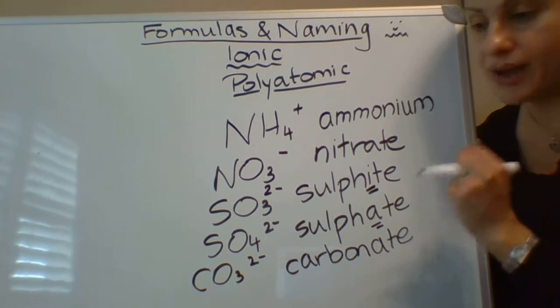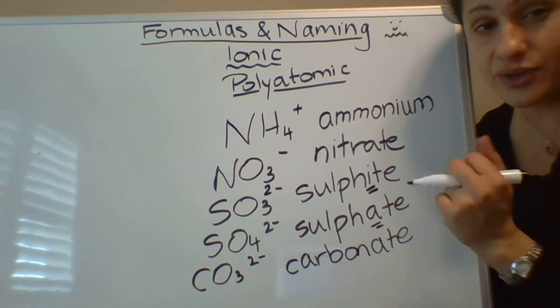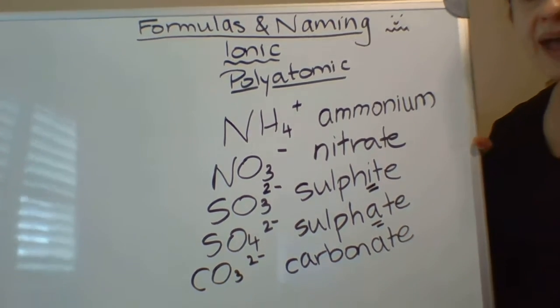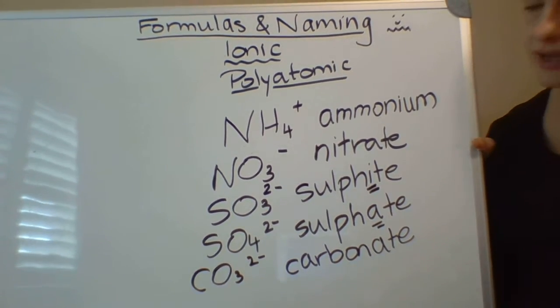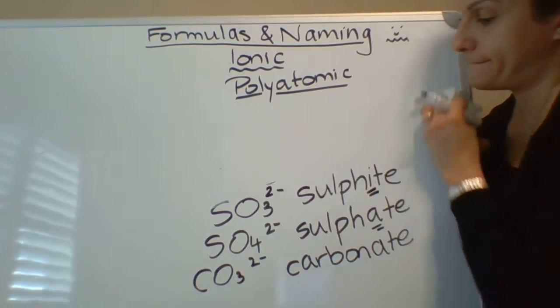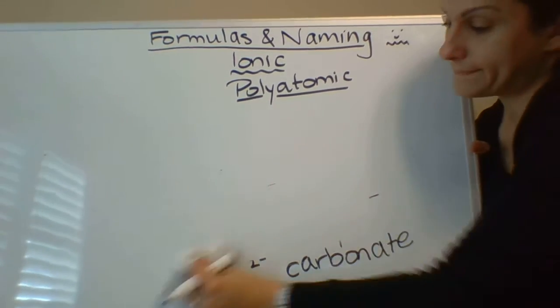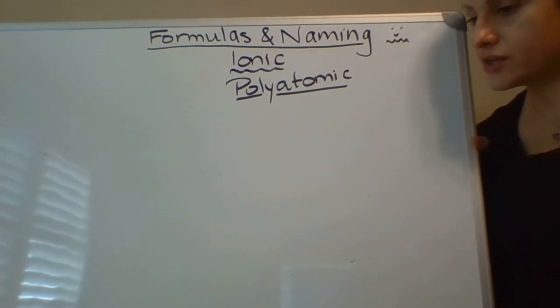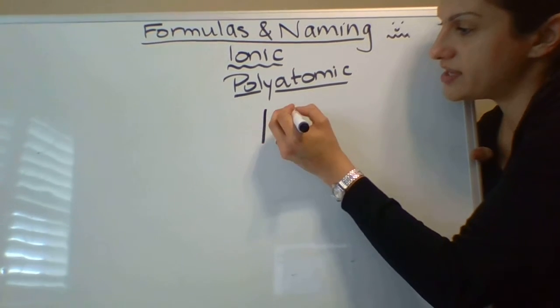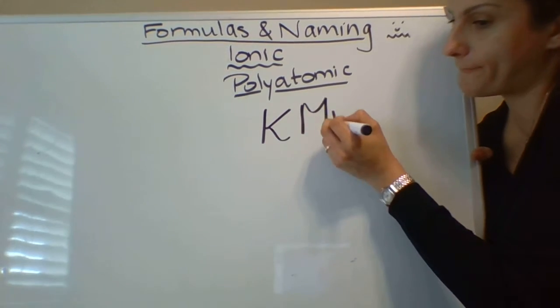So let me give you an example of what it would be like to name a compound that has polyatomic ions in it. Okay. So what if I gave you this formula?